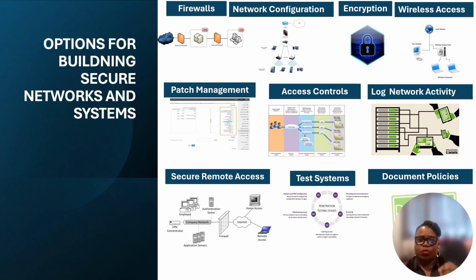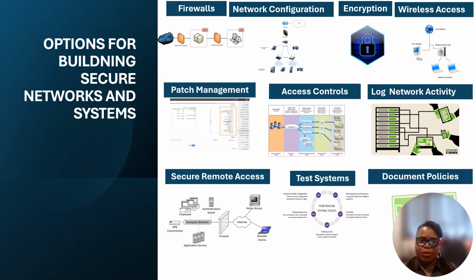So assigning unique IDs to each user and ensuring that access rights are granted based on job roles and responsibilities, with least privilege in place. Implementing multi-factor authentication, and then making sure that remote access to the system has strong authentication as well.